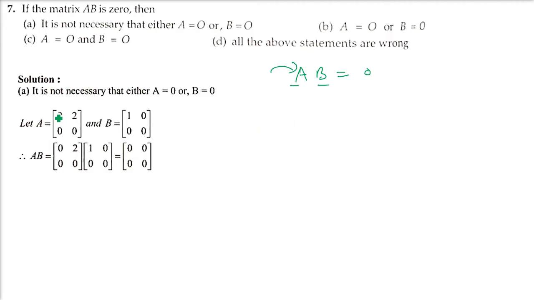For example, A is 0, 2, 0, 0. This is our matrix. B is 1, 0, 0, 0. They both are not null matrices, but when we multiply, it's going to give us 0, that is the null matrix. Okay. So if the matrix AB is 0, it is not necessary that either A is 0 or B is 0.